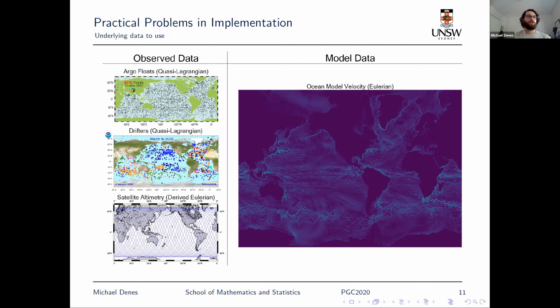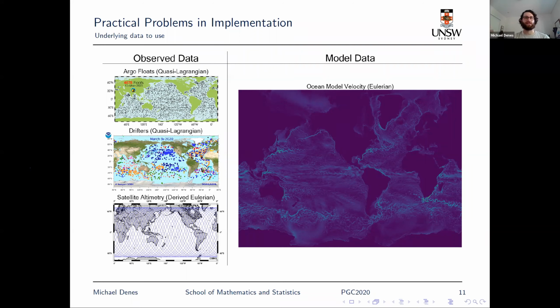The issue with those and drifters, so drifters being the surface drifters, the issue with those are that they're sort of quasi-Lagrangian. They don't follow the true flow of the ocean because they have mass. So they sort of follow and then get deflected because they have some sort of momentum or inertia. So they don't follow the true flow.